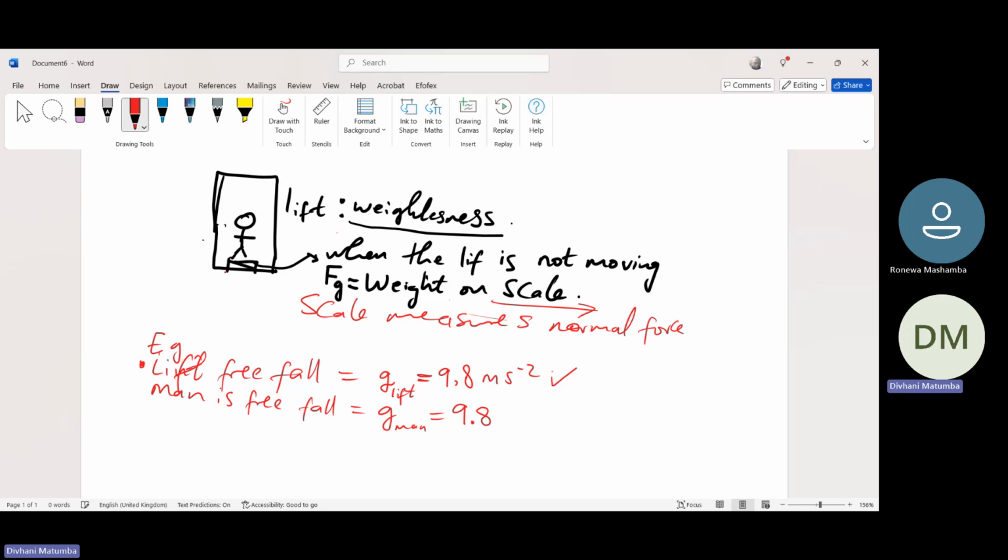the lift and the man are accelerating at the same acceleration, will we have a contact force? Are we going to have a normal force? If the lift and the man have the same acceleration, yes, we have a contact force.